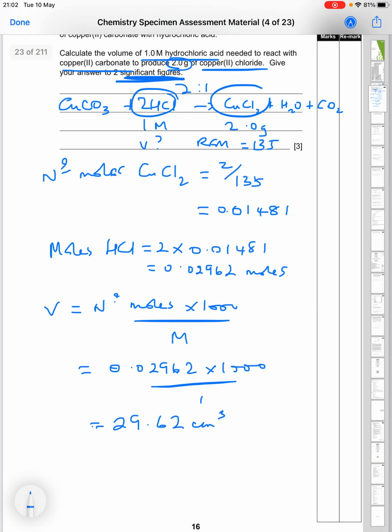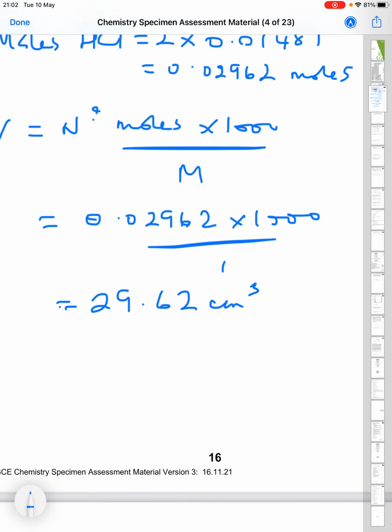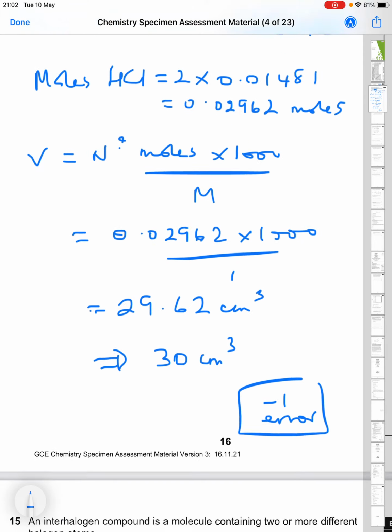cubic centimeters. Now remember, 2 significant figures. So 2 significant figures means 30 cubic centimeters for your answer. And they do have negative marking in this, so it's -1 for an error. So just be aware of that.